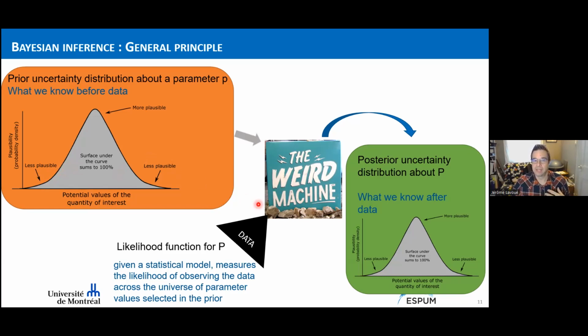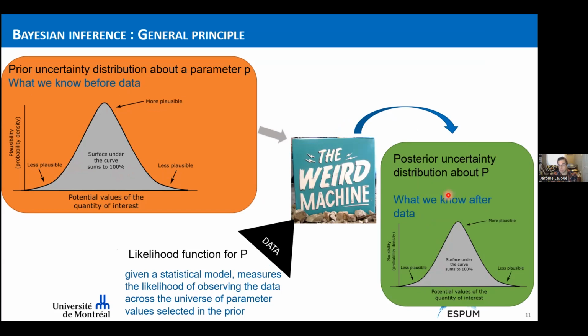And you can see that at the end, we are going to get a result that is, again, an uncertainty distribution, but combines the two types of uncertainty, the prior knowledge that I decided myself and the knowledge that comes from the data, both being combined into what we call the posterior uncertainty distribution.